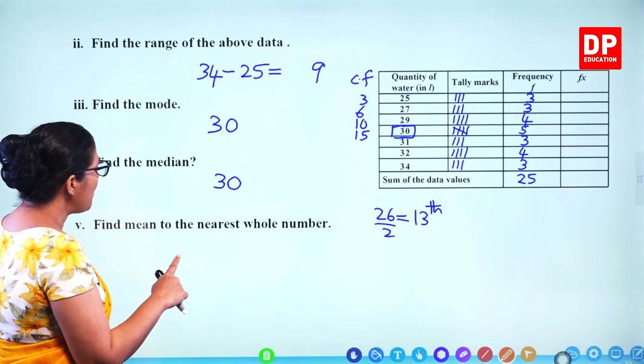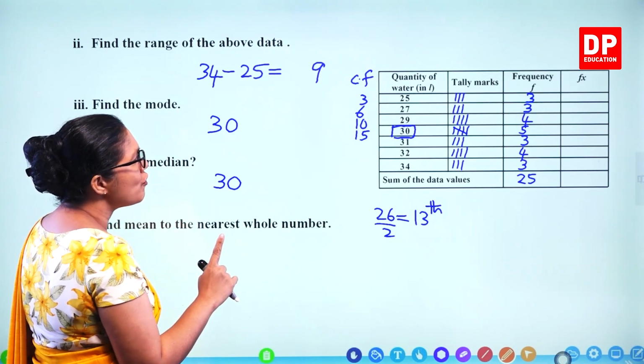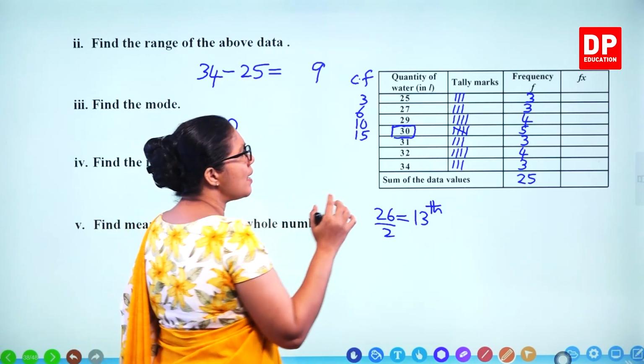Then the last one, find the mean to the nearest whole number. How do you find the mean? You need a new column, fx.